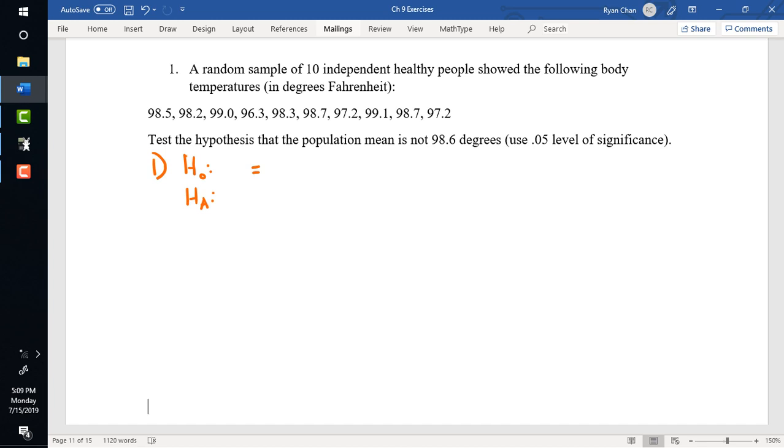But instead of doing p, I'm going to use mu because I'm talking about mean. So what do we look at for our alternate? Remember, we look at the very last sentence that gives it away. Notice it says not. So my alternate is mu not equal to 98.6. That means my null has mu equal to 98.6. Remember, your null and your alternate must use the same number.